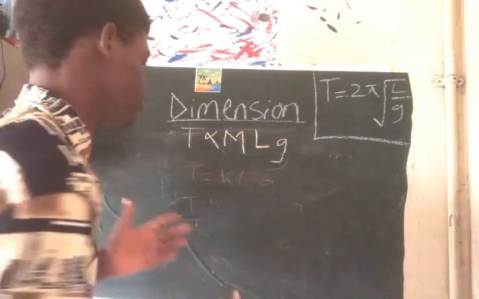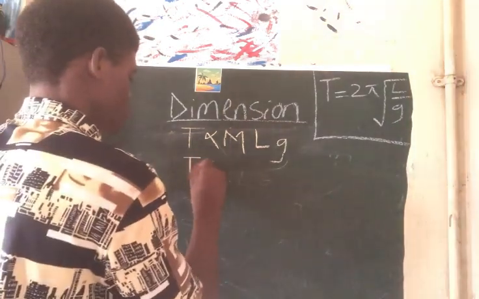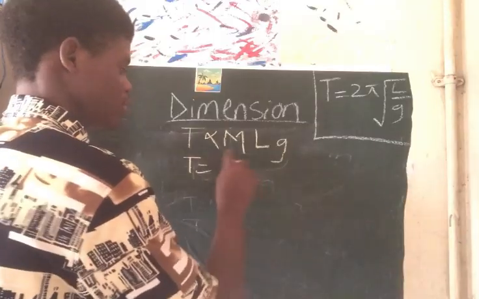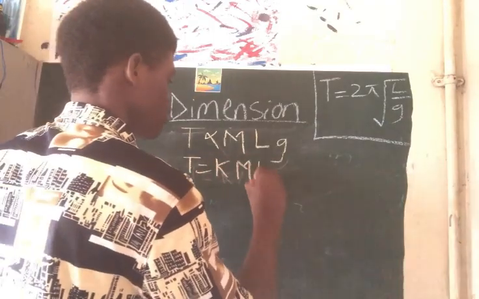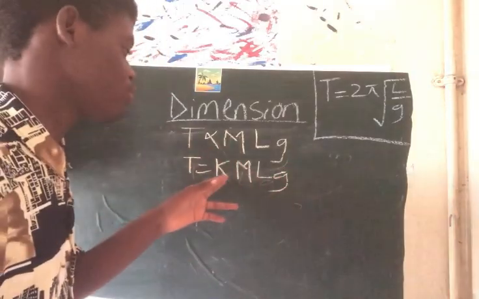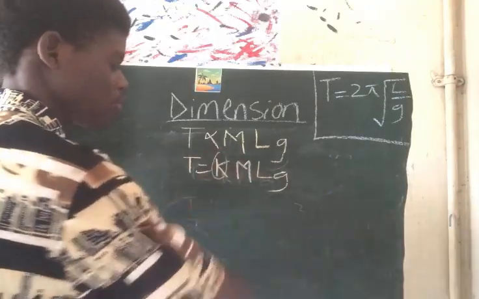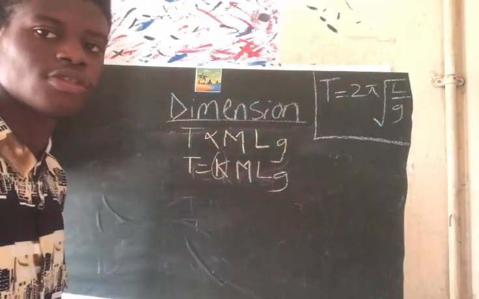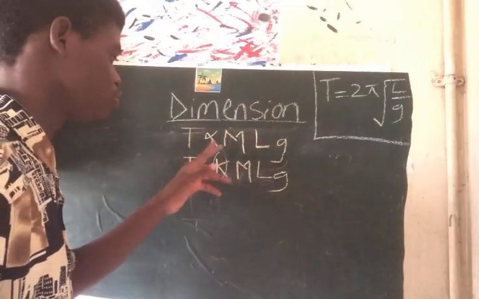So T is equal to k m l g, because there has to be a constant of variation. But this constant is dimensionless. Dimensionless quantities are also called pure numbers, so this one will not be there. You just erase it.